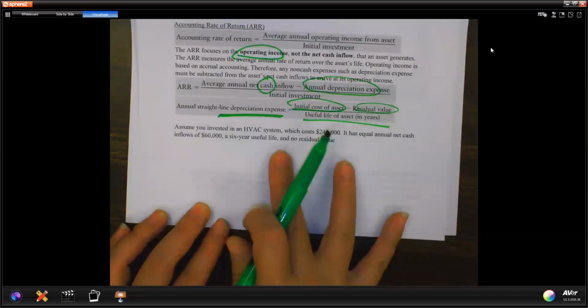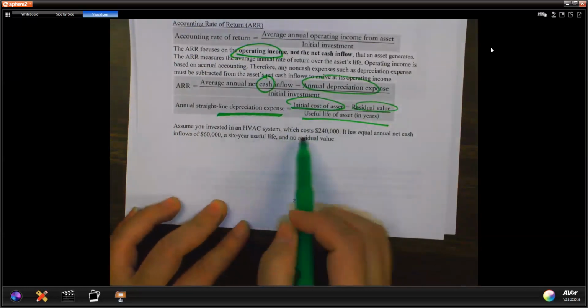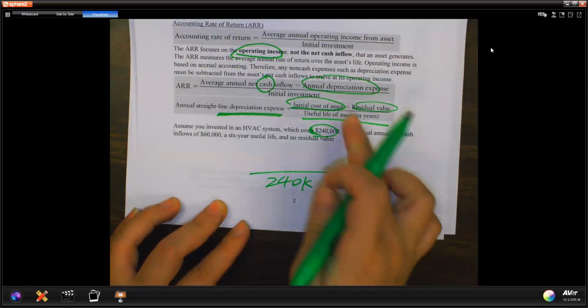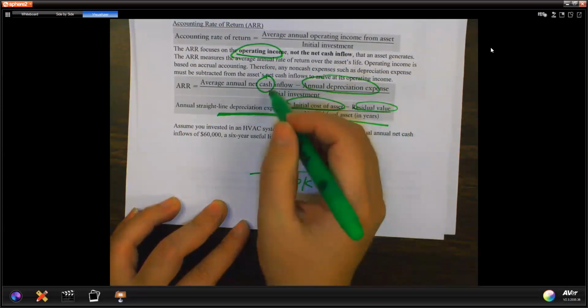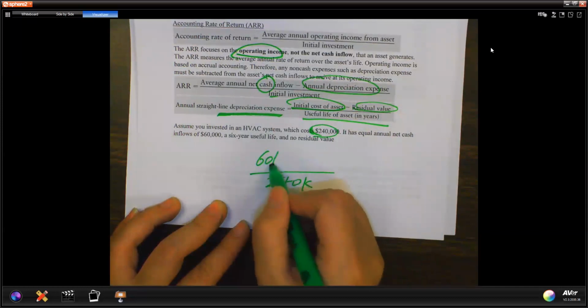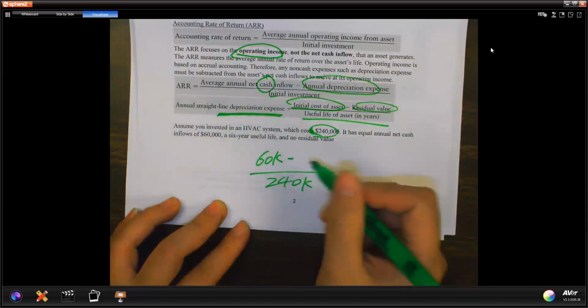So I'll go through this one with you. Cost is 240,000. That's your investment. And then equal cash flow is 60,000 each year, and then we subtract depreciation.